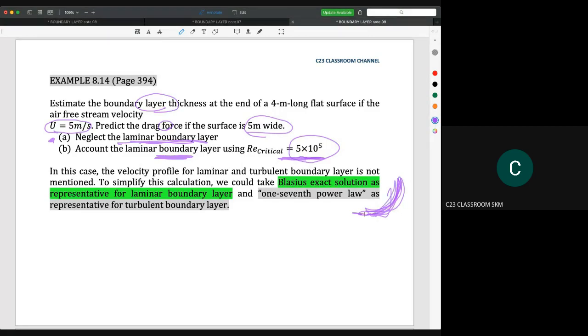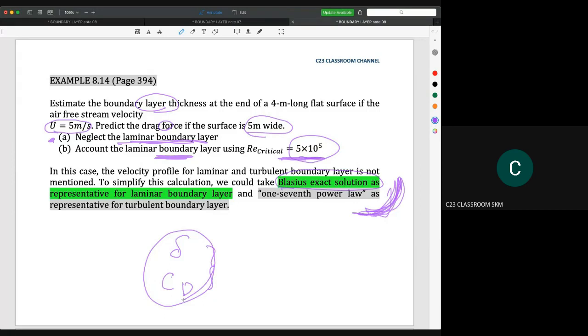For the laminar boundary layer, it is okay for you to take the Blasius exact solution. So for delta and CD, you could take the values calculated from the Blasius exact solution as your representative. Normally we say that the Blasius exact solution is the representative for the laminar boundary layer.